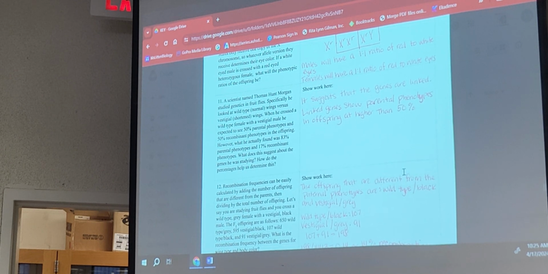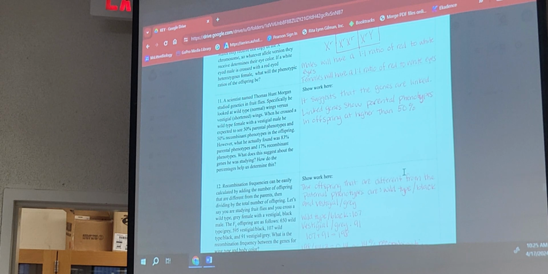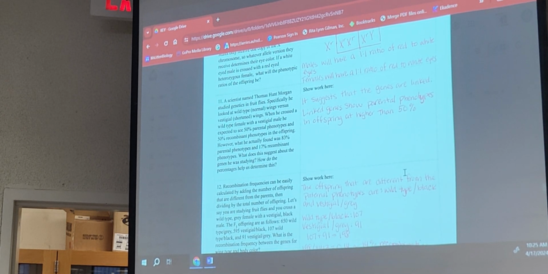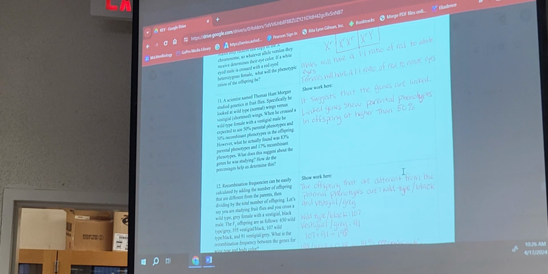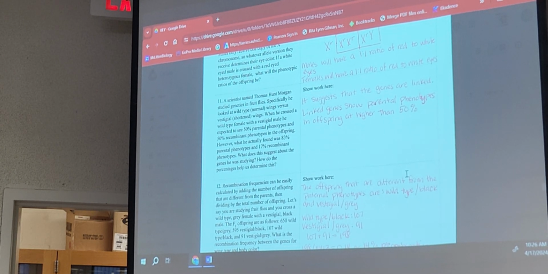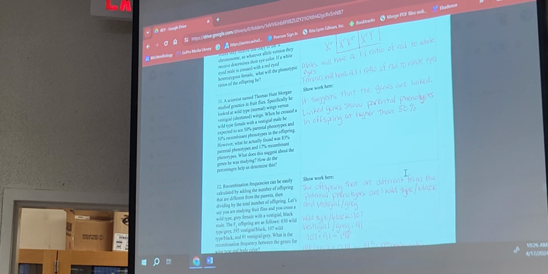Heterozygous is one capital, one lowercase. Homozygous is two of the same: homozygous recessive is two lowercase, and homozygous dominant is two capitals. That's it. Just turn those words into little letters and then move on.